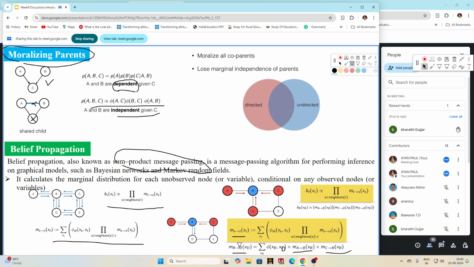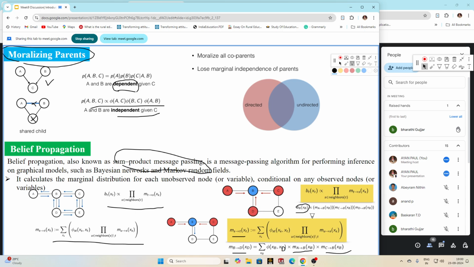And we will take this message and write it as a belief network. When we write it as a belief network, here we will also consider D. What a belief network assumes is that the message will be passed from neighbors as well as from the node receiving the information.